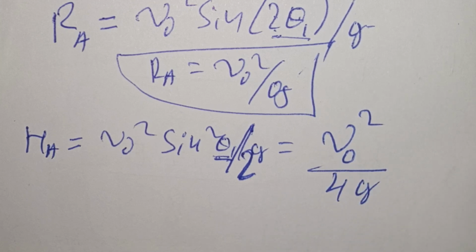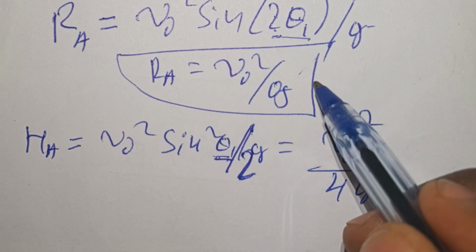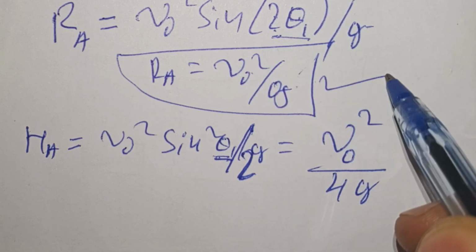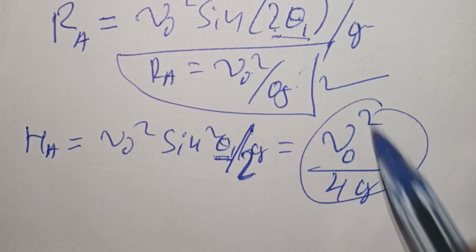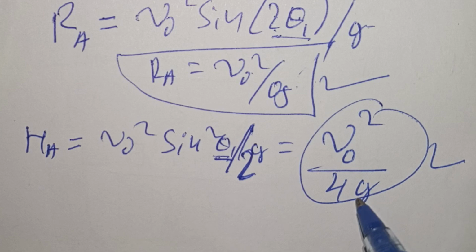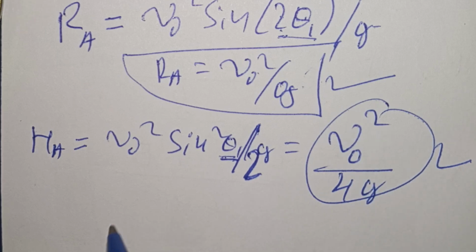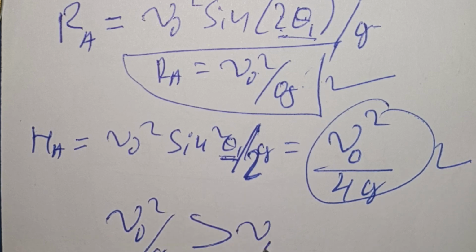So when we compare these two values, the range at 45 degrees is v naught square over g, and the maximum height at 45 degrees is v naught square divided by 4g. So that means v naught square over g is greater than v naught square over 4g.